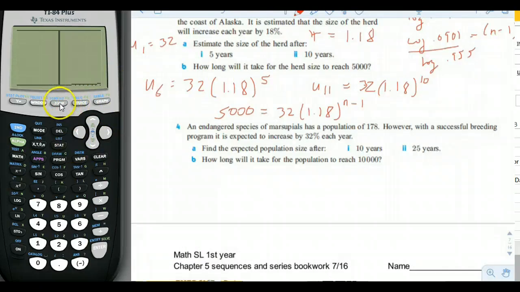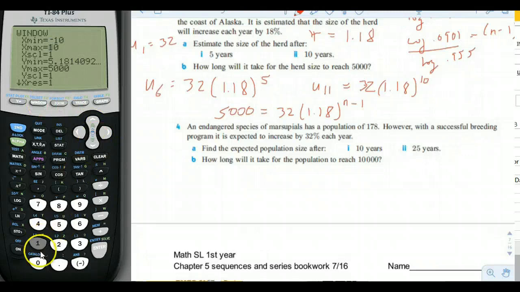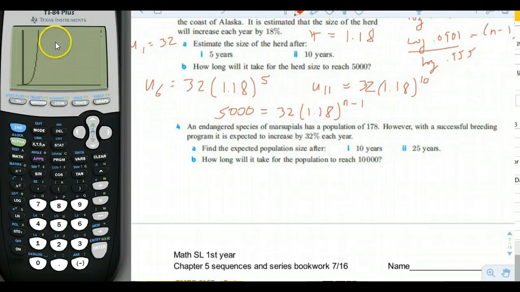Maybe change the window size, and we're going to change X max to like 150 or something. Oh, there we go. And there's the intersection right there.